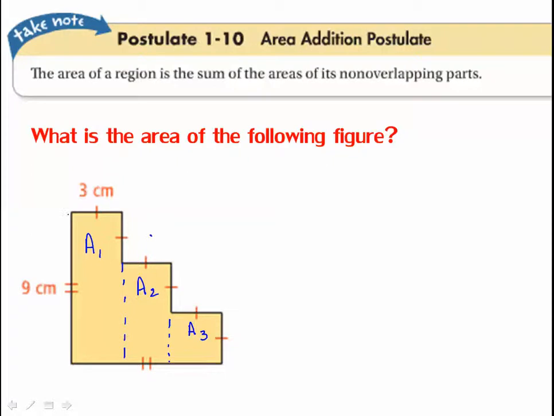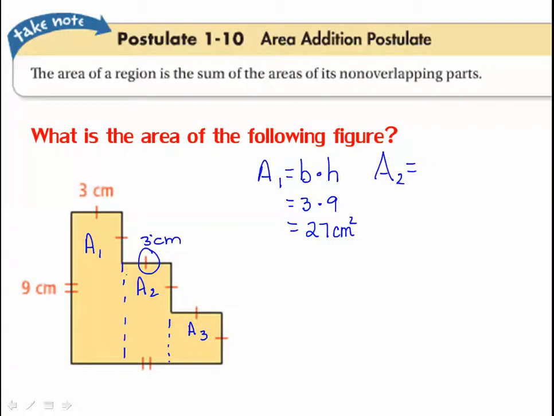I'm going to call them Area 1, Area 2, and Area 3. Notice that for Area 1 I have a rectangle that has a length of 3 and a width of 9, or a base of 3 and a height of 9. So Area 1 is base times height, or 3 times 9, which is 27 square centimeters. For Area 2, I notice the congruent symbol here tells me that this is 3 centimeters.